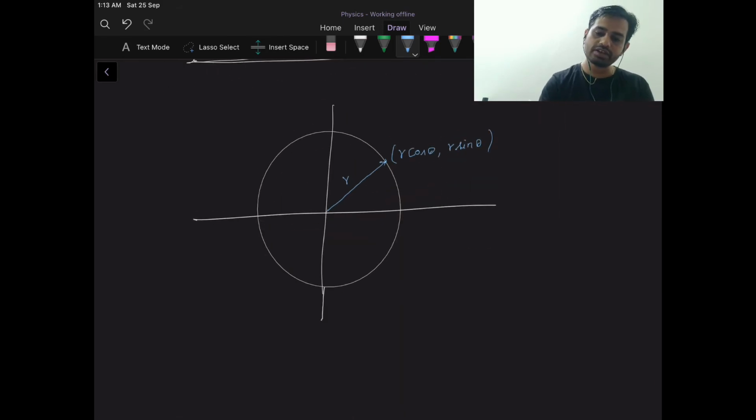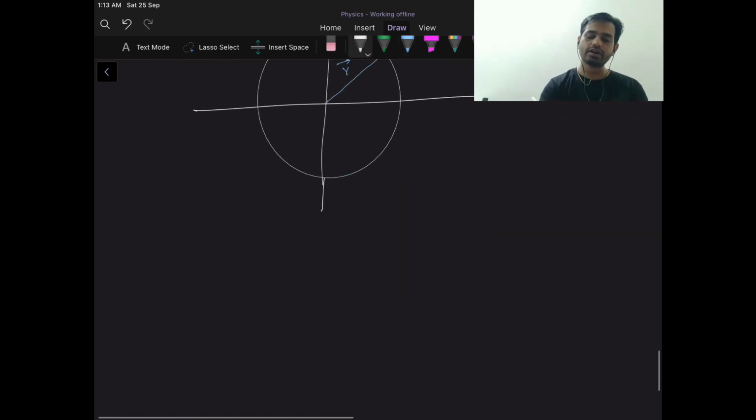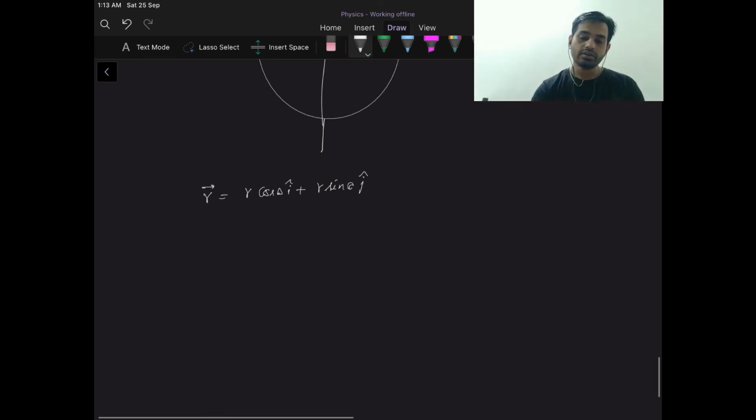So this will be the vector r. What can we write about vector r? Vector r can be written as r cos theta i cap plus r sin theta j cap. We need to find the acceleration. How do we determine acceleration?